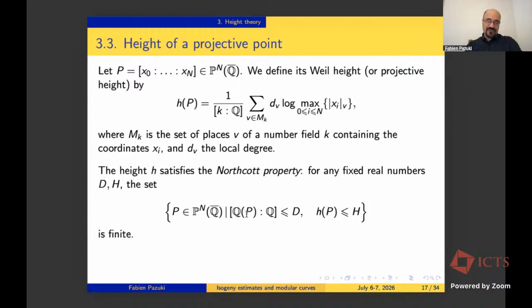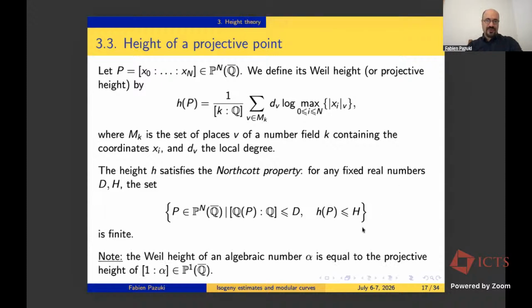So you need to maybe normalize slightly here. So I assume, for instance, that one coordinate is 1. You can just divide by x0 if x0 is not 0, and then you normalize by the first coordinate being 1. That's also always possible. The height will not change because of the product formula. So that's one of the nice perks of this formula.